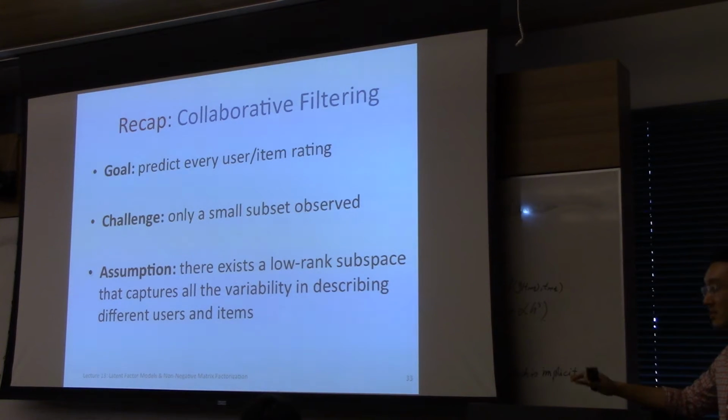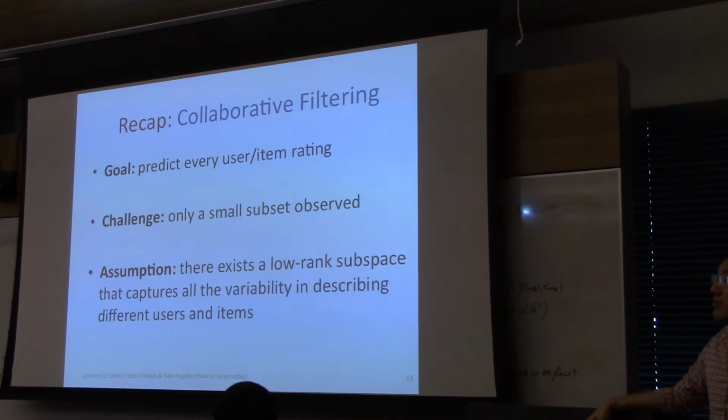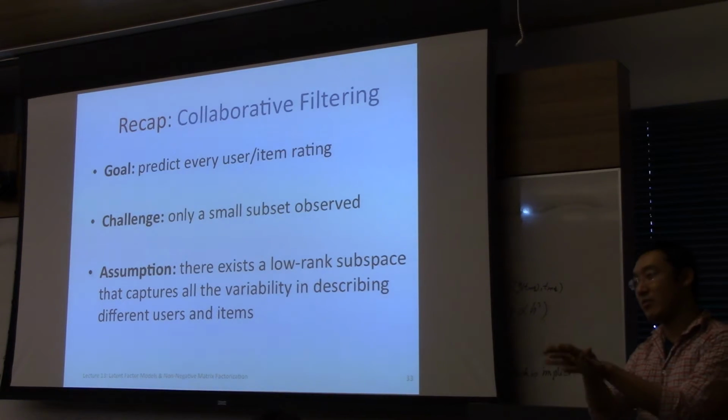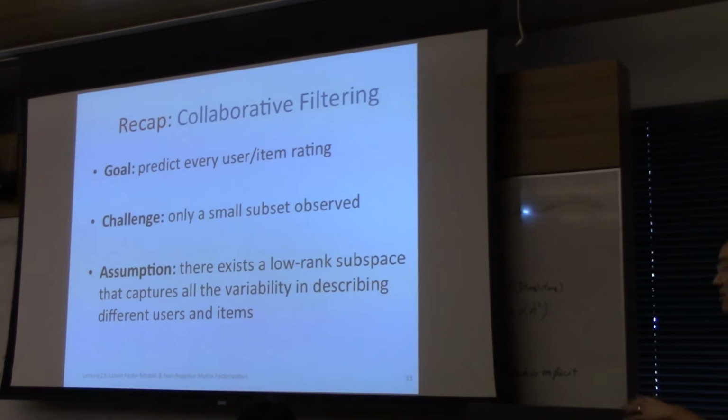It's usually noticeably less than 50% of the users. But even if 10% of the users rated Hunger Games, and then a somewhat different 10% but with overlap, right, rated some other movie like the Hunger Games, then that's enough. There's enough overlap to learn that a user that likes one should like the other.